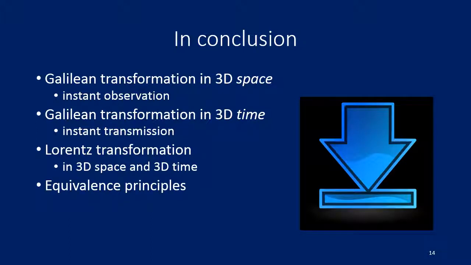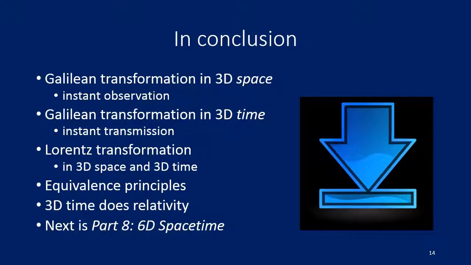Then we looked at equivalence principles and found that they are equivalent for 3D space and 3D time. So hey, 3D time does relativity. Next is part 8, 6D space-time.